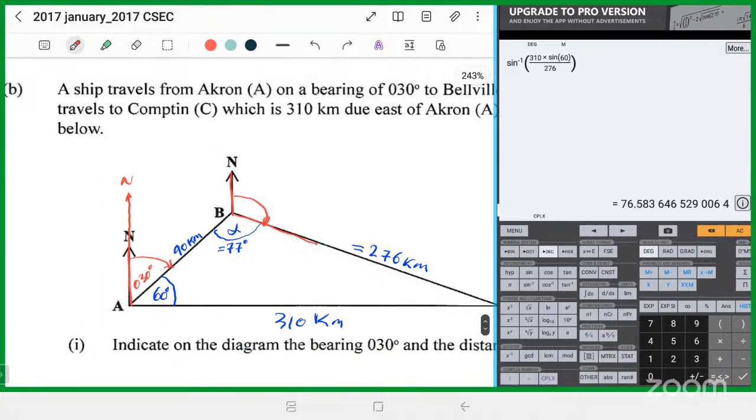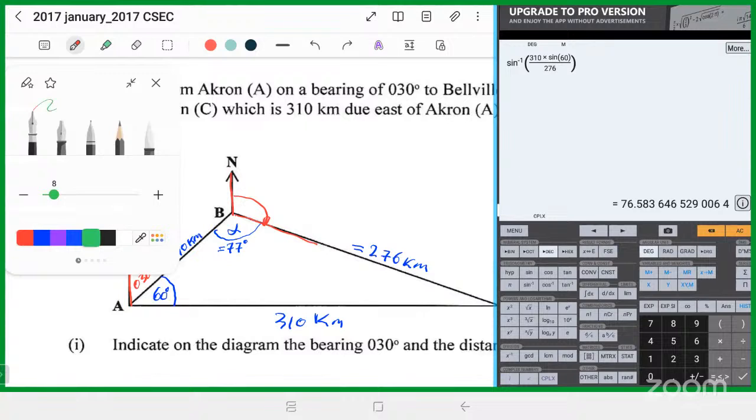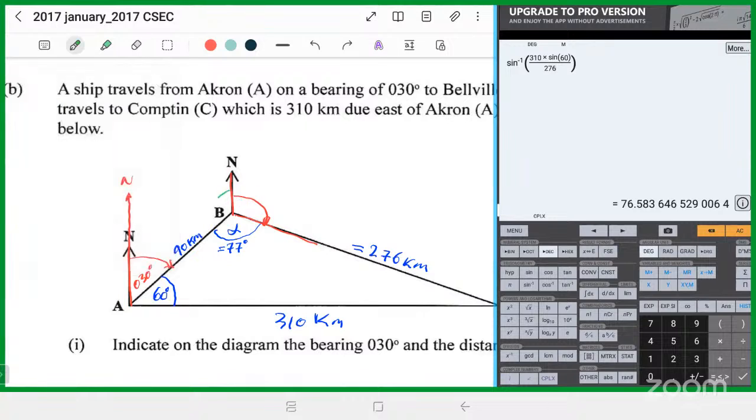Now, you can calculate that angle more than one way. These two angles, this one and this one, are co-interior angles. They add up to 180 degrees.